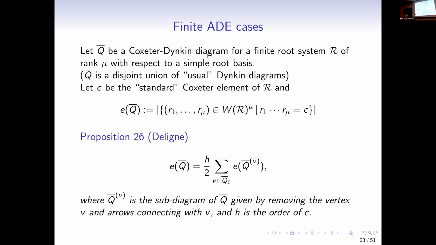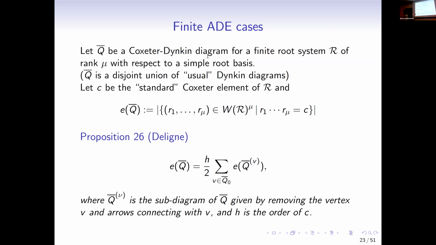For simplicity, I also allow the non-connected one, so Q bar can be the product of irreducible diagrams. And then define E of Q bar, the cardinality of the set of factorizations of the Coxeter type.